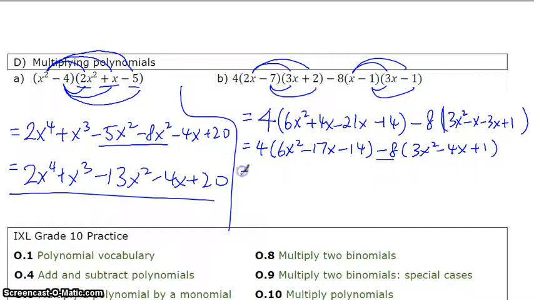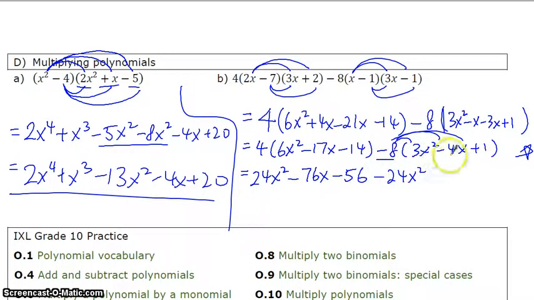Okay, now next, just multiply 4 into everything. When you multiply the negative, make sure you carry the negative with every term there: negative 24x squared, positive 32x, and then negative 8.